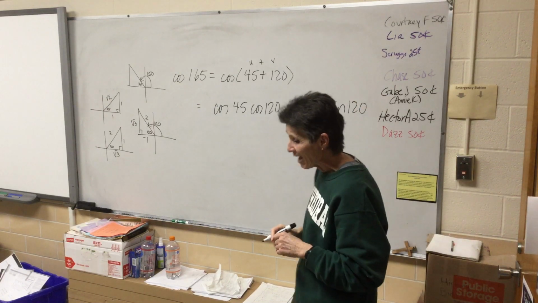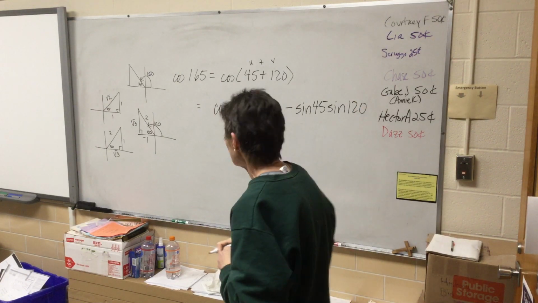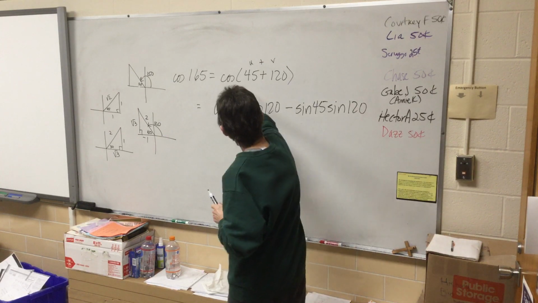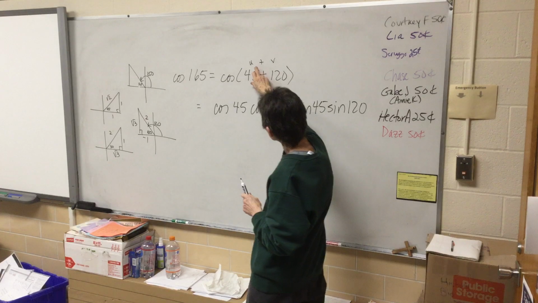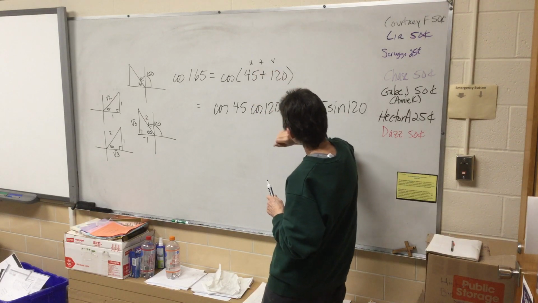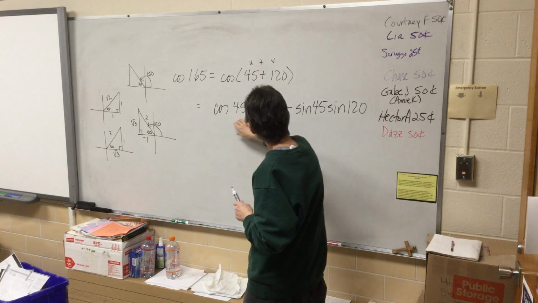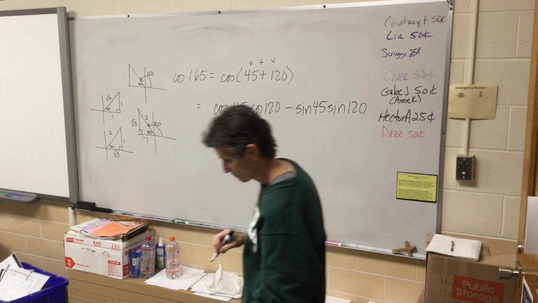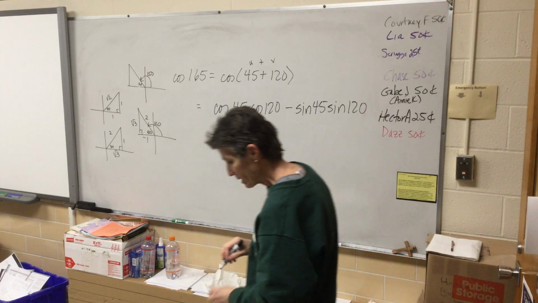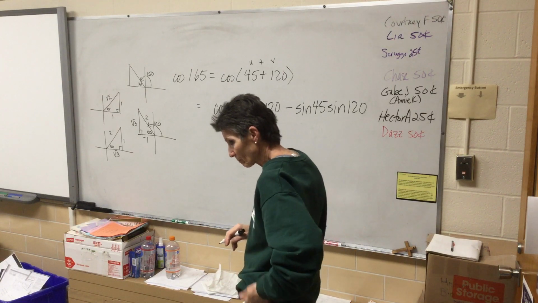So I just found the formula on my sheet that was for the cosine of an angle plus an angle. I let my U be 45 and my V be 120, and there it is. Anybody have a question about that?